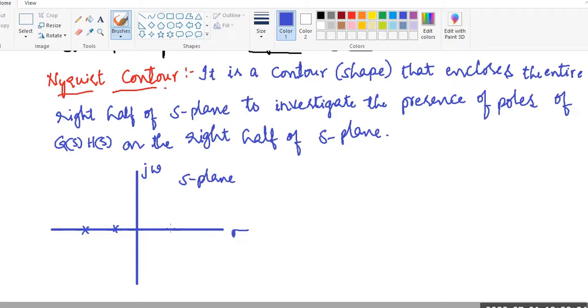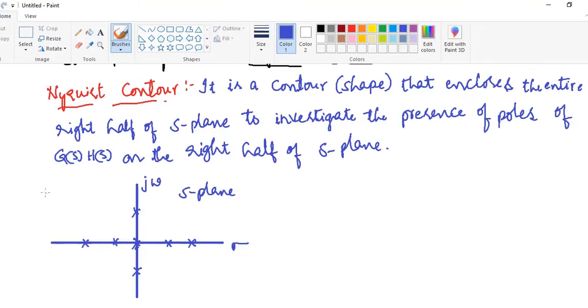If the poles of any open loop transfer function of the system are lying on the right half of the s plane, then the system is unstable. If the poles of an open loop transfer function lie on the purely imaginary axis, then the system is marginally stable. So this stability is defined for an open loop control system.